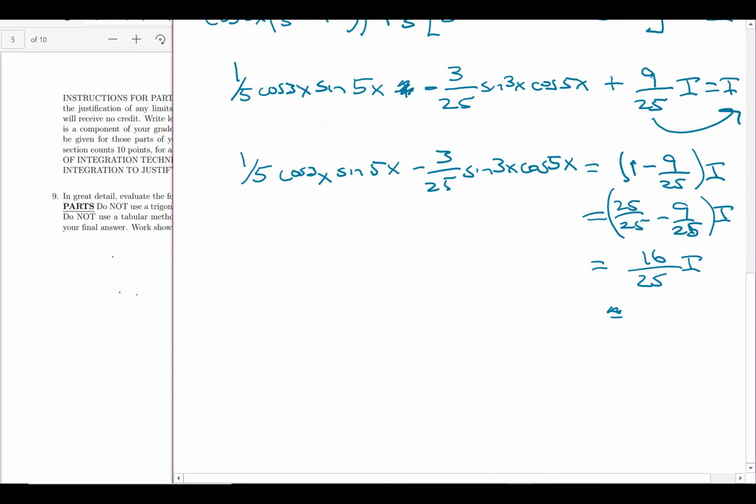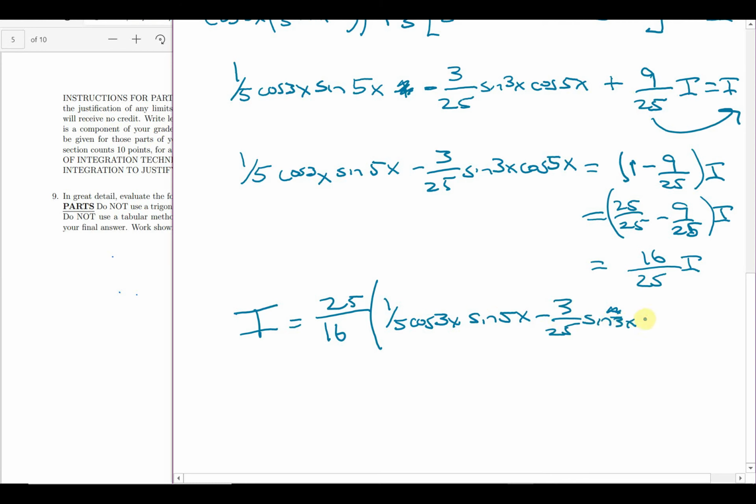Yeah, that should be it. So therefore, the integral is the reciprocal. When you divide, you're dividing both sides, so it becomes 25/16 times the 1/5 cosine 3x sine 5x minus 3/25 sine 3x cosine 5x.